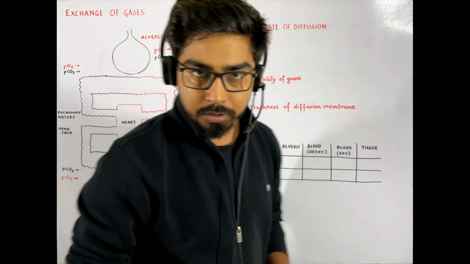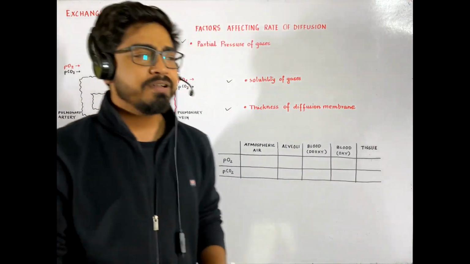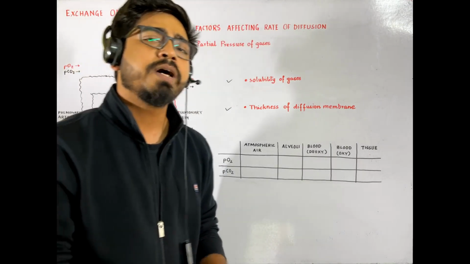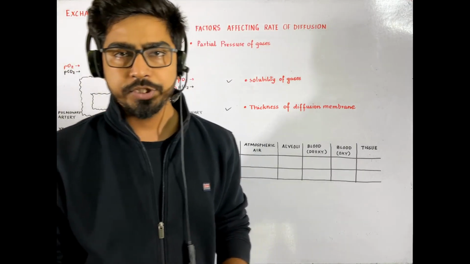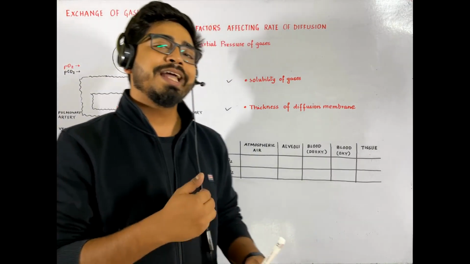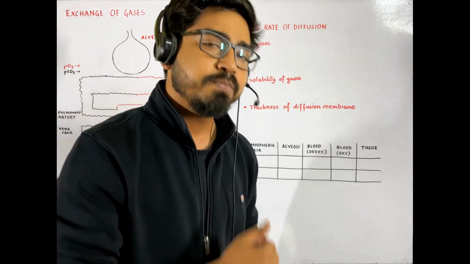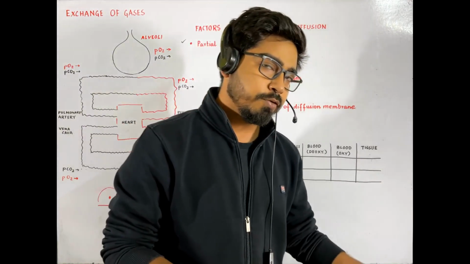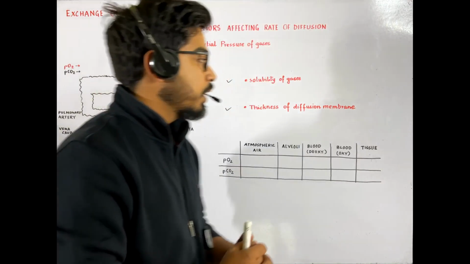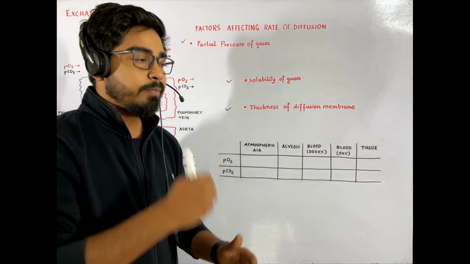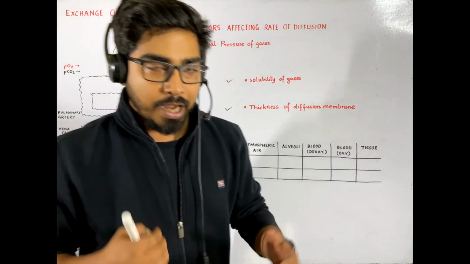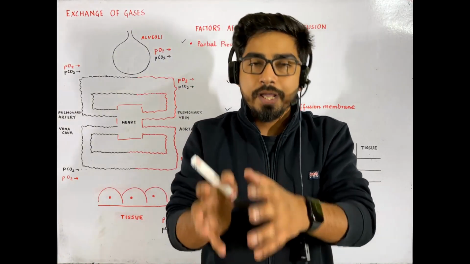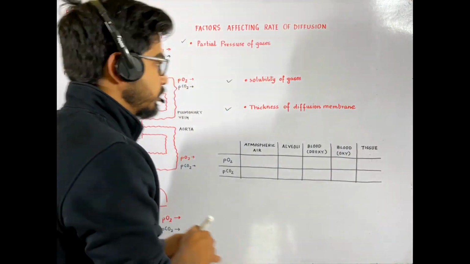So always remember that whenever there is diffusion of gas, it will always take place from a higher partial pressure to lower partial pressure. So diffusion of gases always takes place from a region of higher partial pressure to a region of lower partial pressure. This one is constant. Gases will always move from higher partial pressure to lower partial pressure.